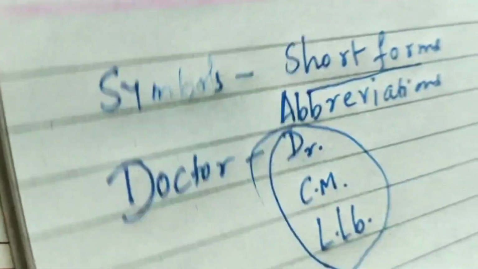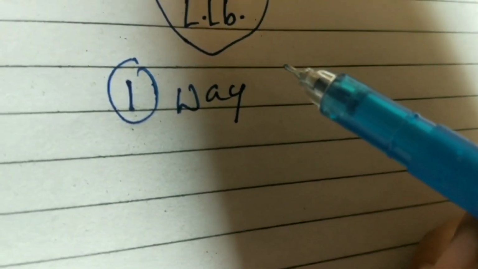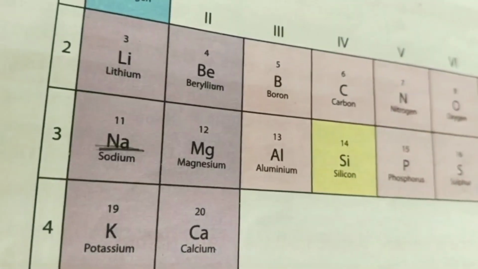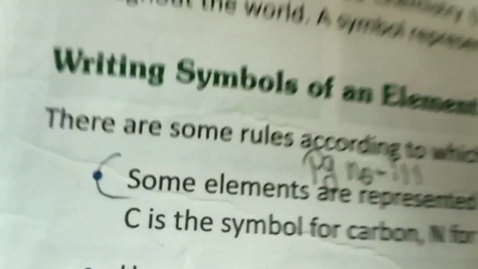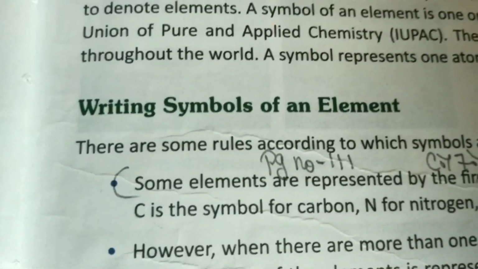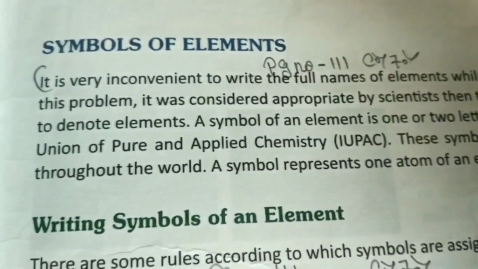Then they again faced a problem. What was the problem? There has to be one way which is applicable to all, and everybody should know the ways of writing the symbols. So they made a few rules for writing the symbol of an element. Who decided that?